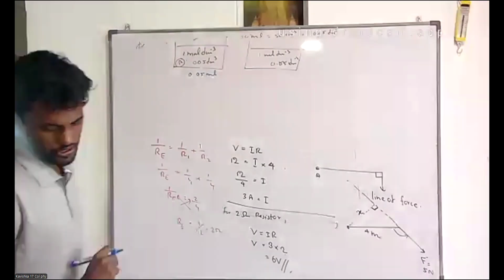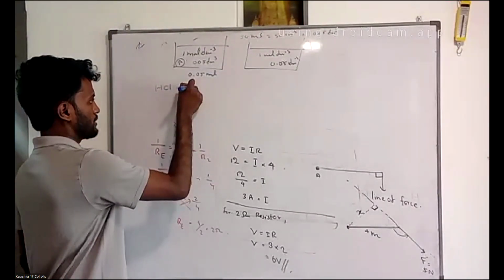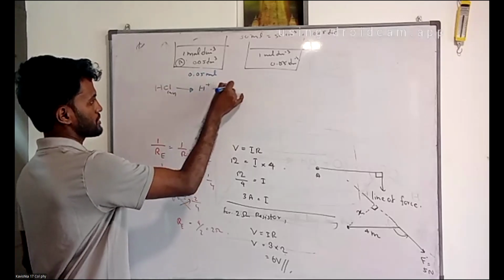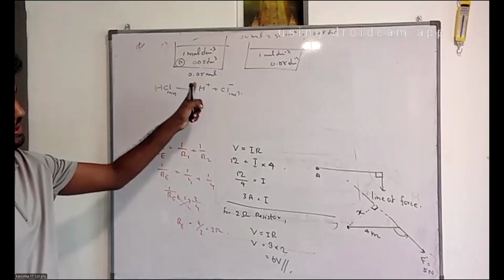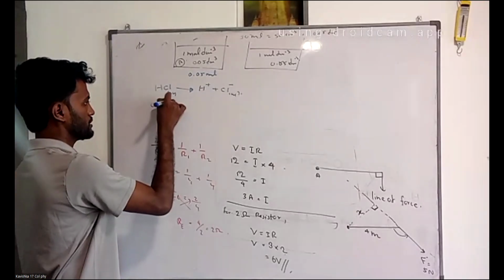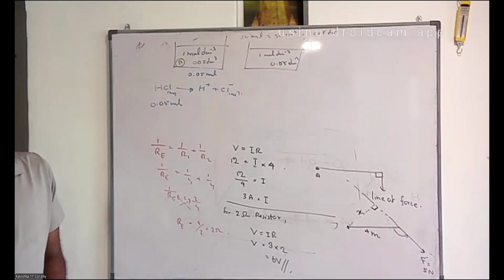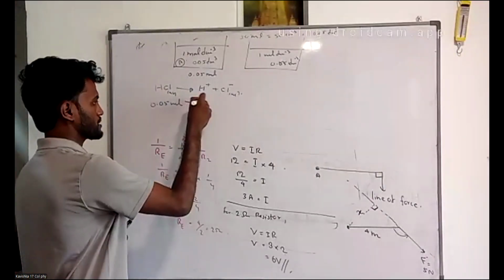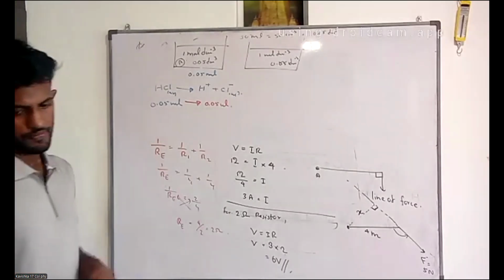First, HCl. When it ionizes in aqueous solution, it forms like this. So here HCl is 0.05 moles, and this total 0.05 moles converts into H plus, since it's a strong acid.